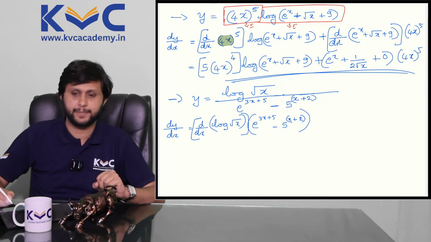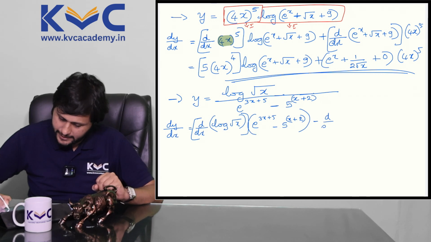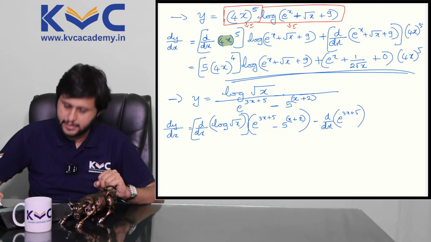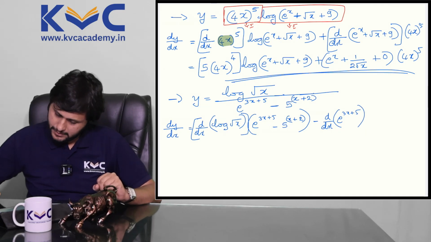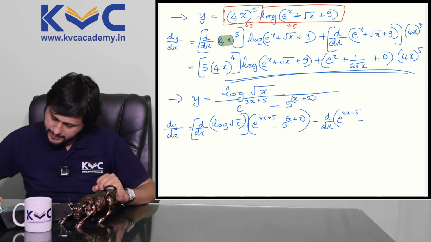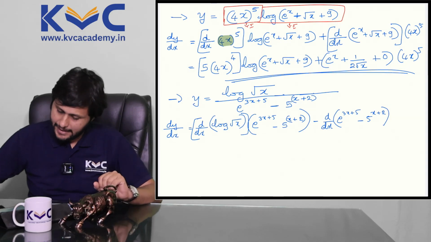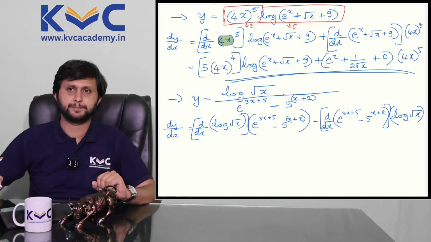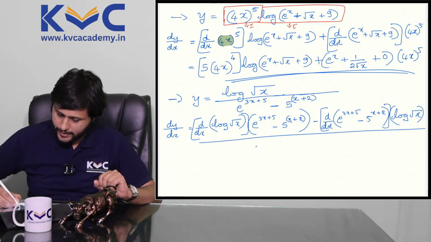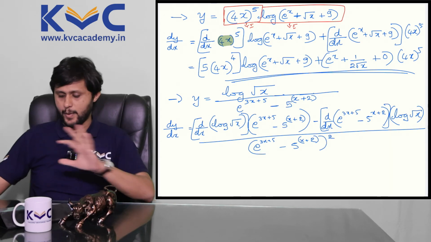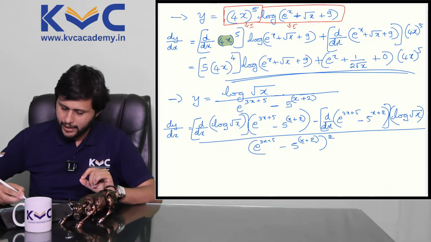Correct, this entire thing, minus numerator as it is, log root x, into d by dx of e to the power 3x plus 5 minus 5 to the power x plus 2. Make sure you put this bracket. Denominator whole square. Fine. We have not differentiated. I've just expanded. I've applied the rule.